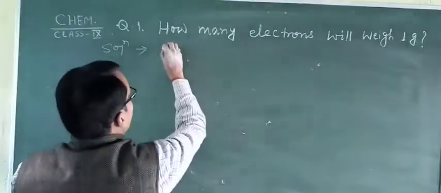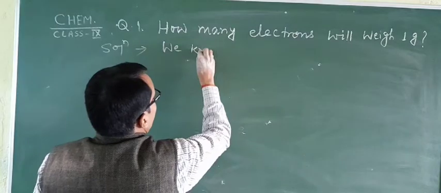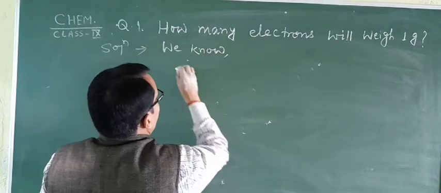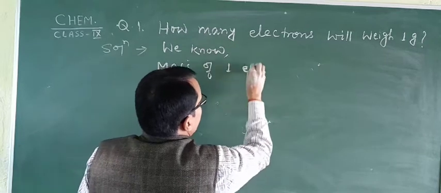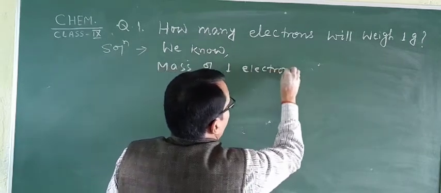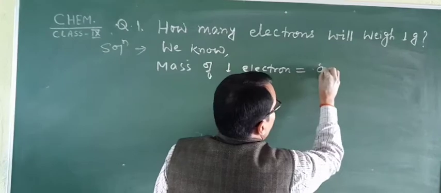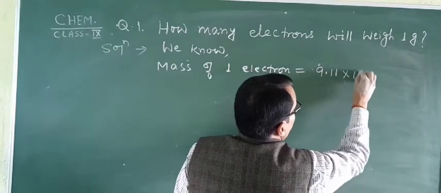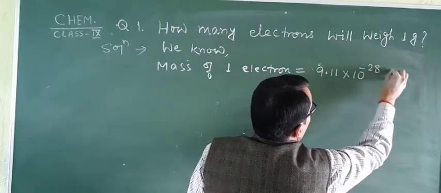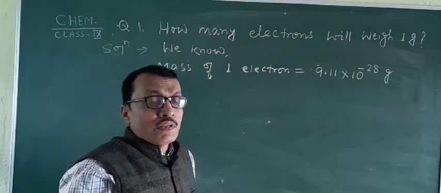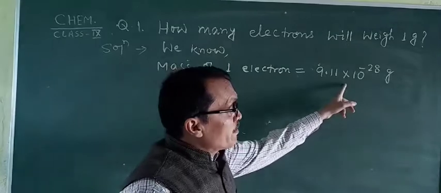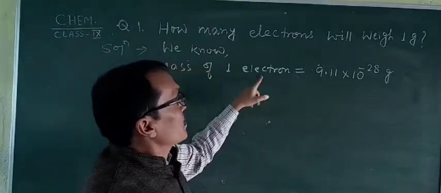So here we can write, we know mass of one electron is equal to 9.11 multiplied 10 to the power minus 28 gram. Now students, this is the mass and this is the number of electron.